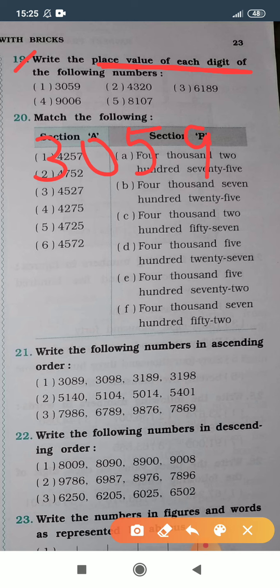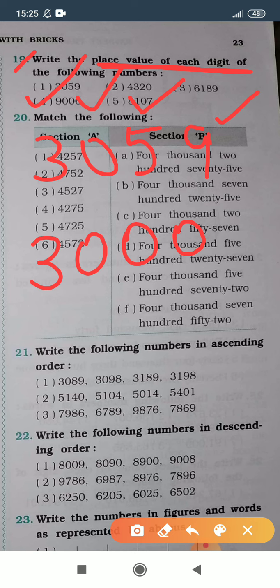So 9 is on ones place, 5 is on tens place, 0 is on hundred place and 3 is on thousand place. So everyone knows that first we'll take the thousand place value. In thousand, after the digit how many zeros were there? 3 zeros were there. So the value of 3 in this number is 3000. After that the value of 0 is 0, or you can write 3 times 0, it is also valid.